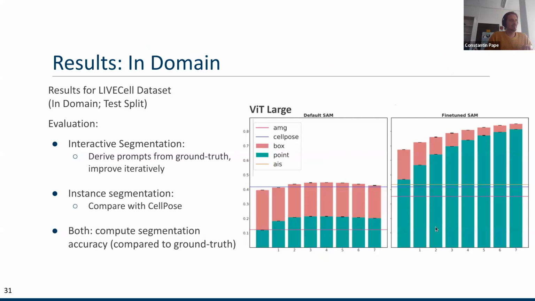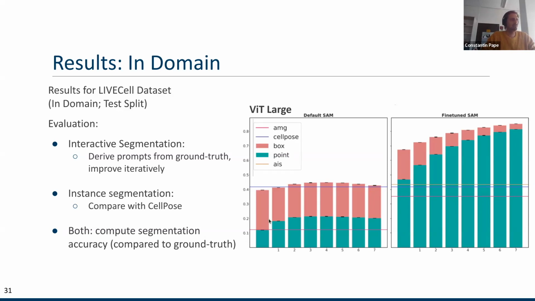Then to evaluate this more quantitatively, we compared the performance for interactive and for automatic segmentation. What you see here on the left-hand side is the quality of the default model. To explain this a bit more, we also simulate this iterative correction approach, similar to what you've seen in training.